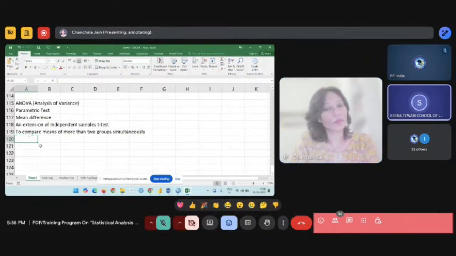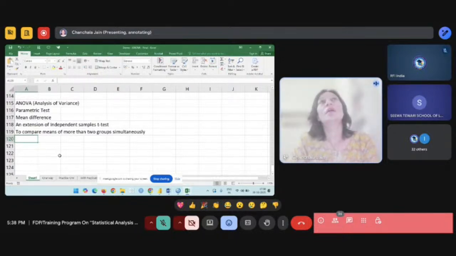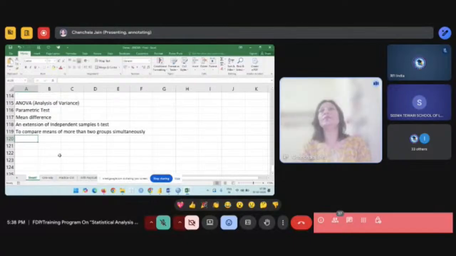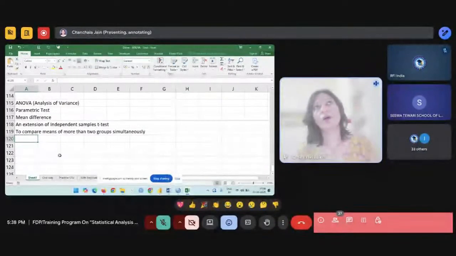ANOVA stands for analysis of variance. That means when we are talking about ANOVA, we are talking about the difference in the variance of the mean. ANOVA has a concept of between and within.